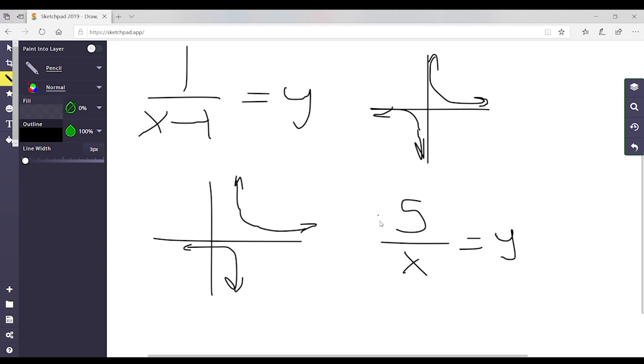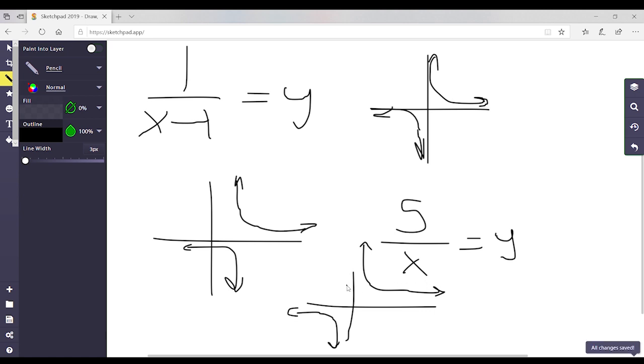It's like multiplying this function by 5, okay? So every single point on this curve is going to be 5 times what it was before. So now it looks like this. It's just going to be a taller, wider function. It's going to be much farther apart.